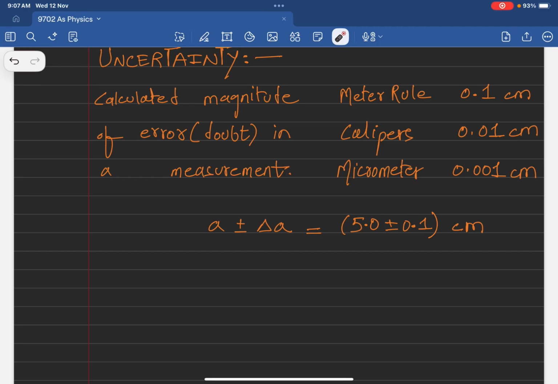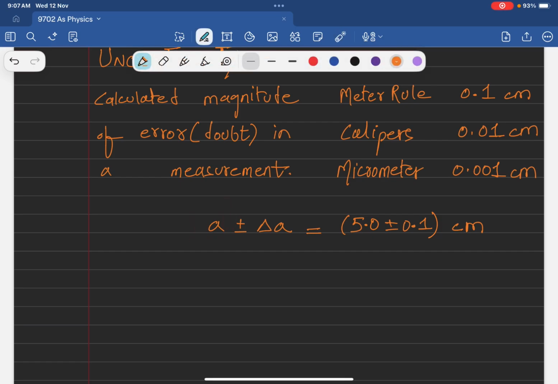And the value that is written before plus minus is the measured value. So if any value is written in this form, A plus minus delta A, what is written after plus minus will be the absolute uncertainty of a measurement, and the value written before plus minus will be the measured value.